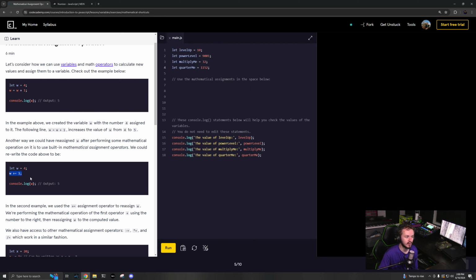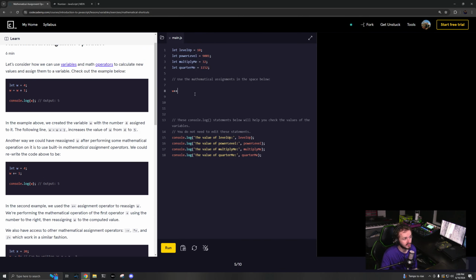It looks a little bit weird, but you can say w plus equals 1, which is saying w equals w plus 1. It's just a shorthand. You can also do w plus plus. All of them are saying the same thing.